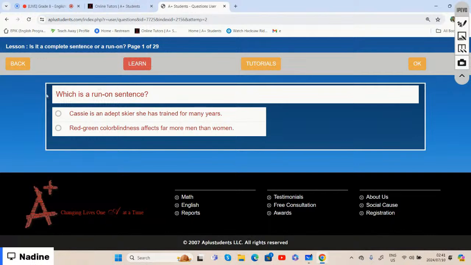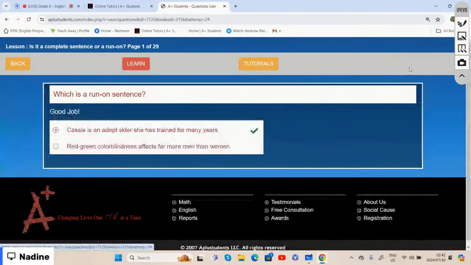All right, and if we want to choose our run-on sentence, then we will say it is option one, because we say Cassie is an adept skier, and that is a period. She has trained for many years. That is basically two independent clauses or sentences within that one sentence.